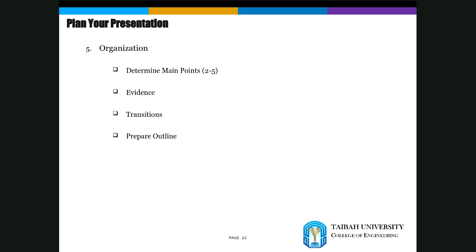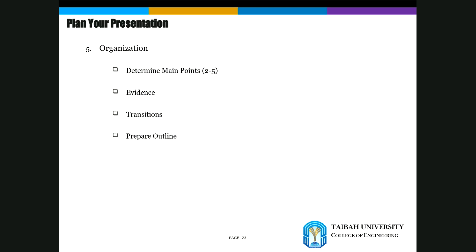The evidence: make sure that you give credit to the previous work. Transition: use transitions like first, second, move on, to sum up, come up with. These transition words make the audience follow you in the way that you want.